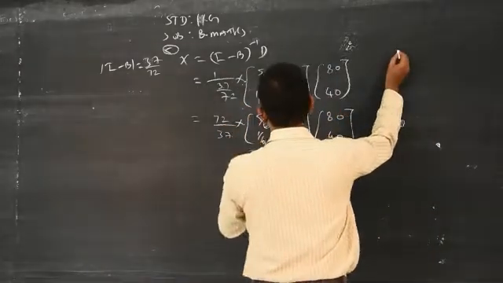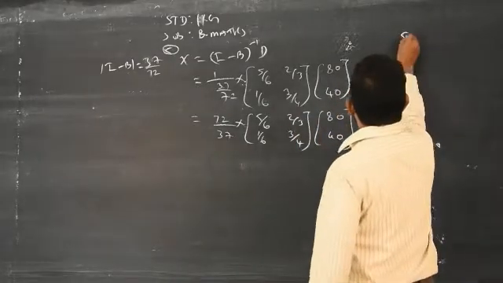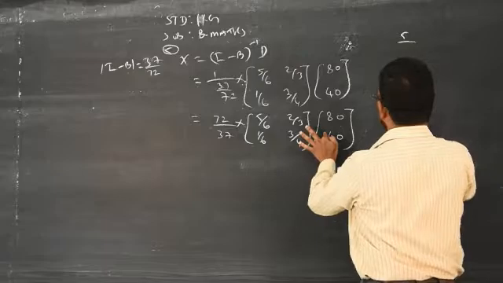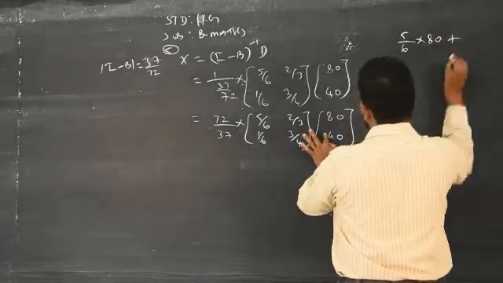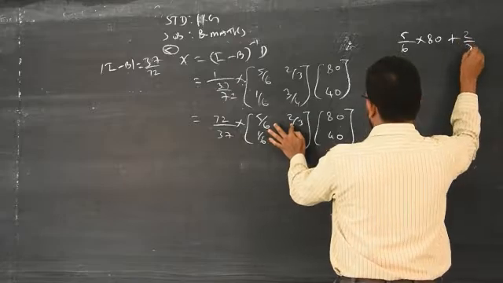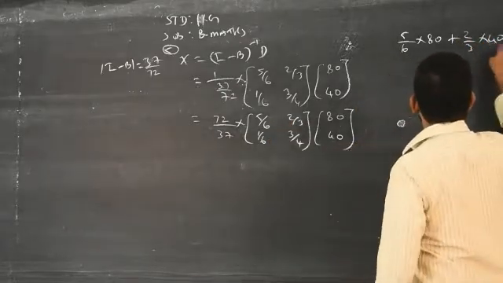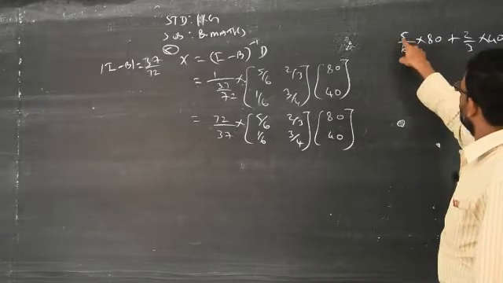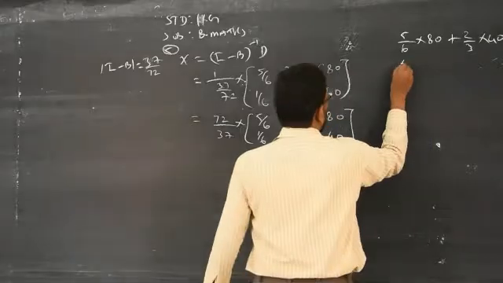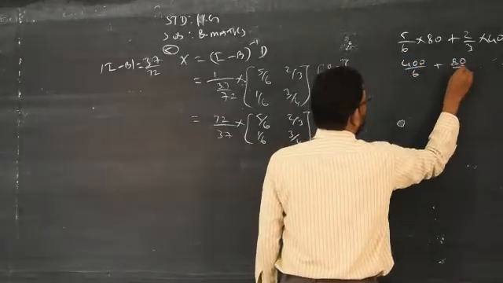Just for your understanding, I did it with only one row and this column. First row with the first column: 5 by 6 into 80 plus 2 by 3 into 40. See, these two are not divisible. In such a case, you can use a calculator: 5 eights are 40, 400 by 6 plus 80 by 3.